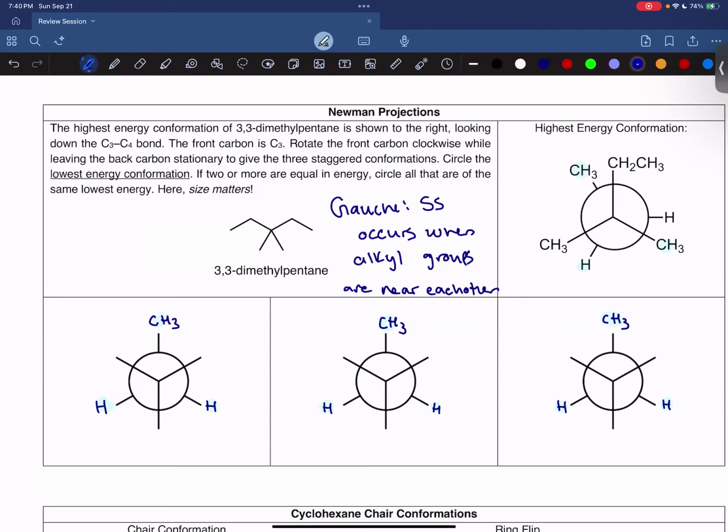Okay, now the new stuff. So that's what we have in the front. And I'm just going to start with this group right here. And then I'm going to color code it.